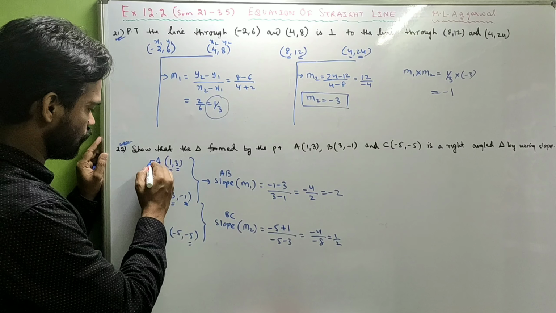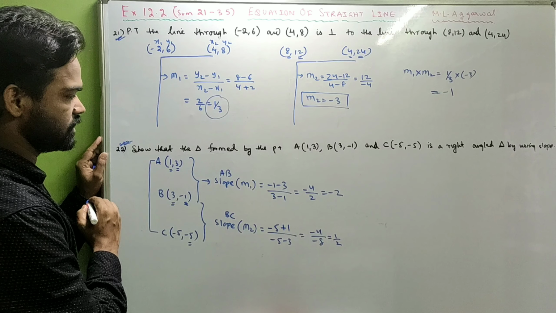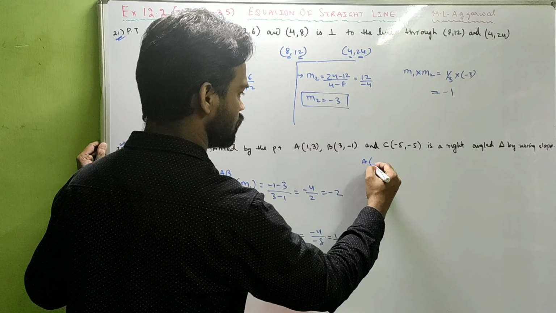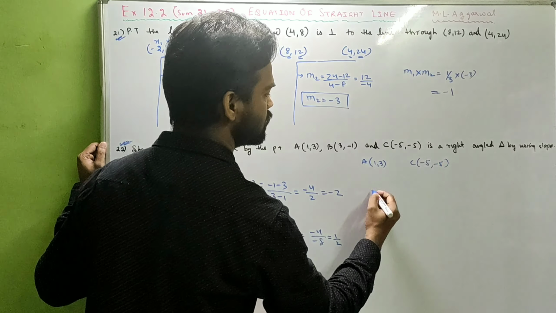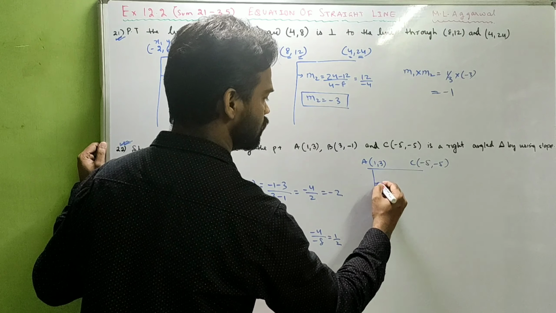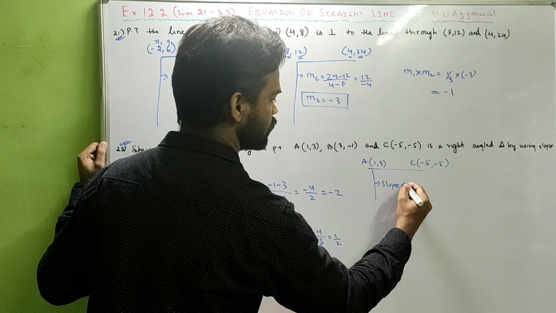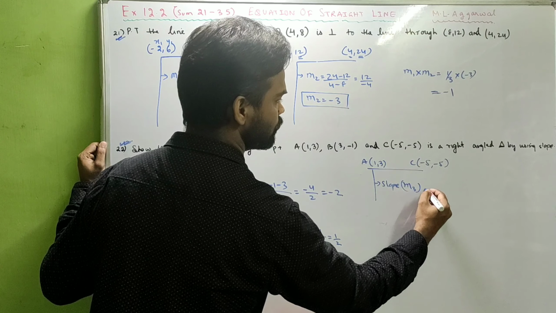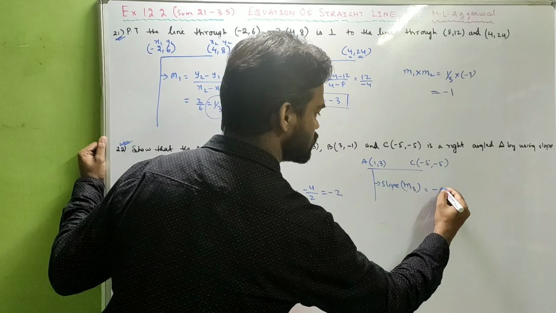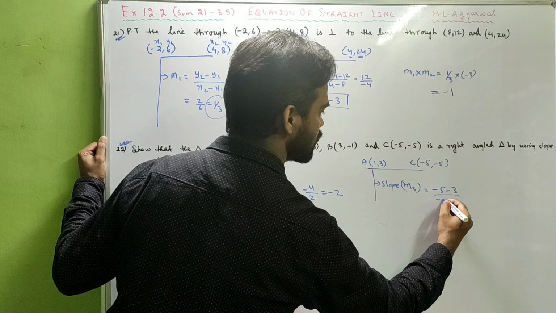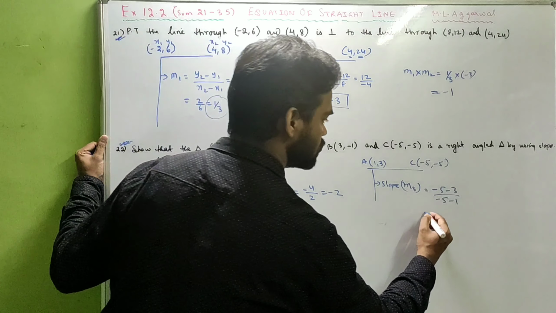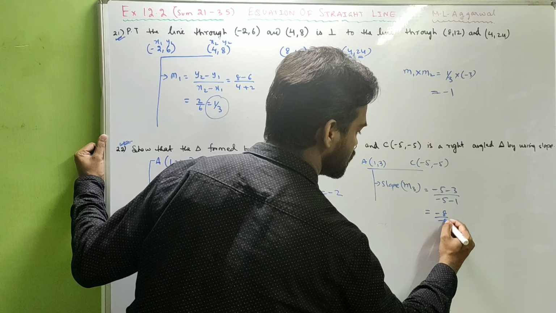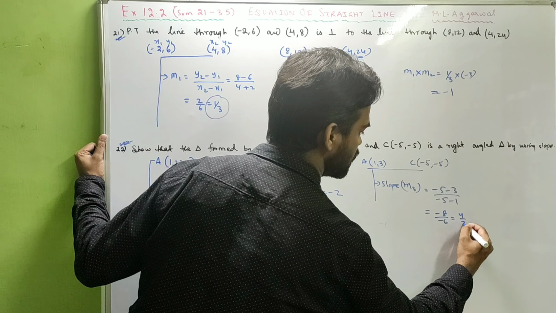Then find the slope of AC. See, A is 1, 3 and C is minus 5, minus 5. So find the slope of AC, suppose M3. Again y2 minus y1 by x2 minus x1. Am I clear or not? This is minus 8 by minus 6, that's 4 by 3.